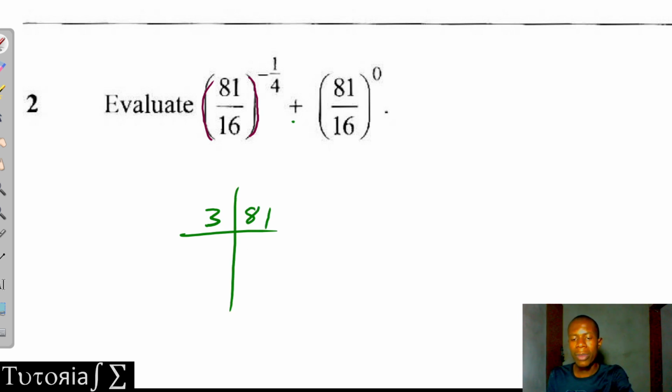By this, you find a number that you can raise 3 to so that it gives you 81. No calculators. So for 3 into 81, you simply say 81 divided by 3.